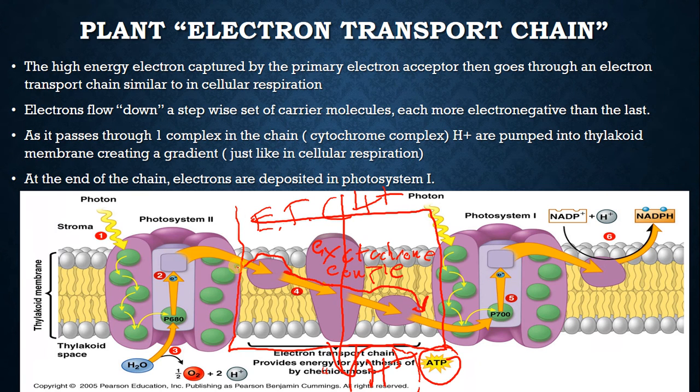As these electrons pass down the electron transport chain, they power the cytochrome complex to pump H pluses to the inside of the thylakoid membrane, and then these electrons are passed to photosystem 1.